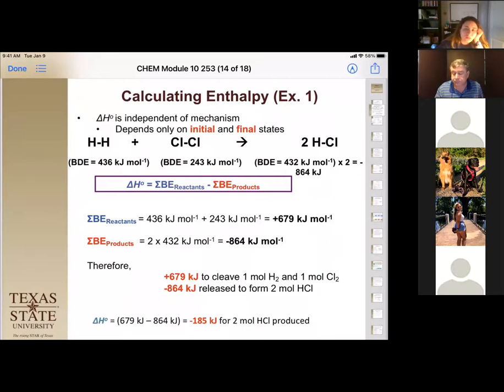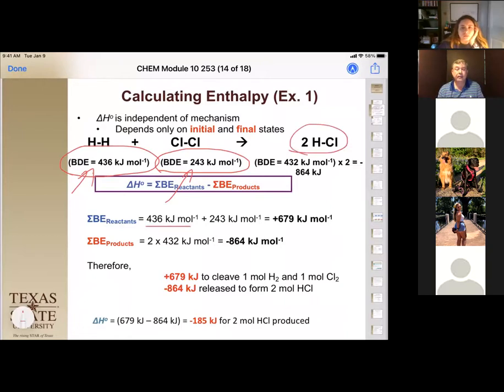So in this case, if we looked at this right here, hydrogen has a bond dissociation energy of 436. Chlorine has a bond dissociation of this. We have to break one equivalent of that and one equivalent of that to make 2 equivalents of HCl. So that means we have to take that, which is the breaking of that hydrogen bond, and that, which is the breaking of that chlorine-chlorine bond.